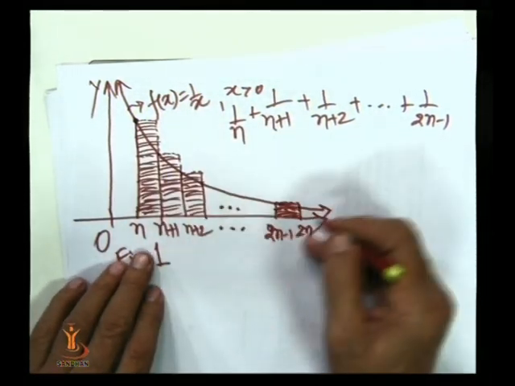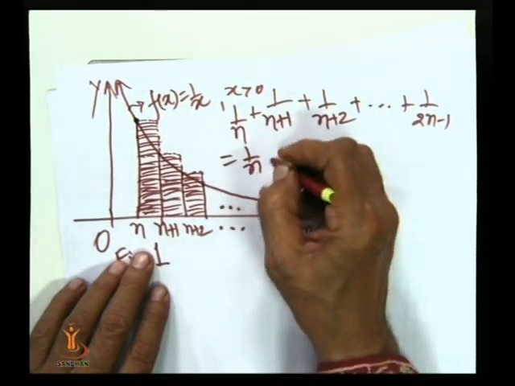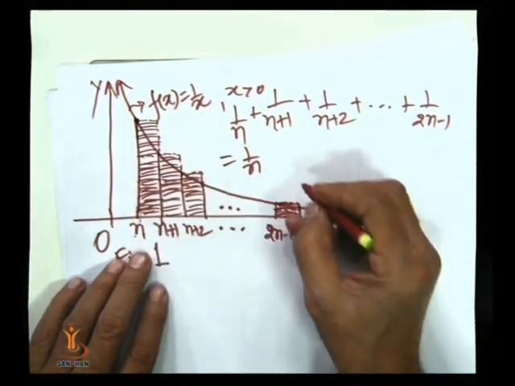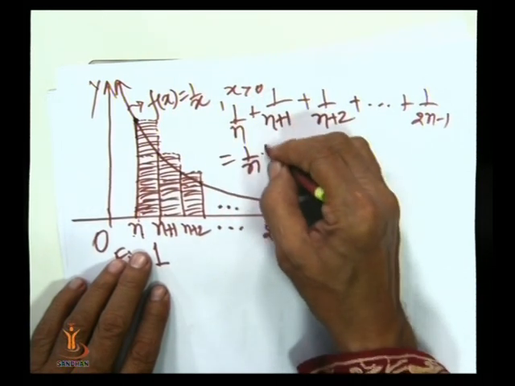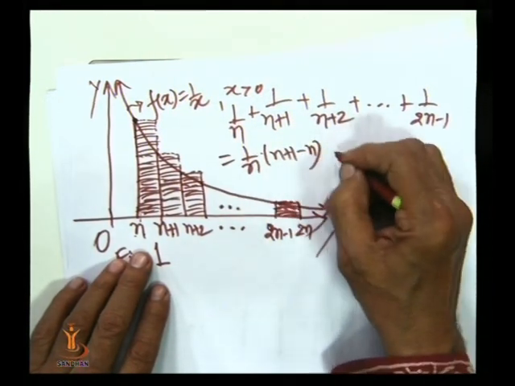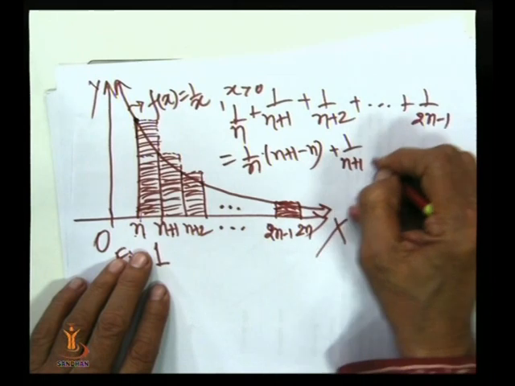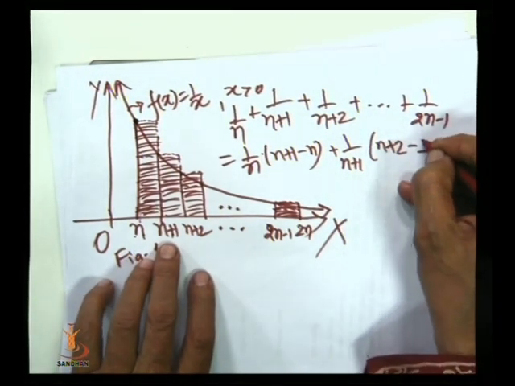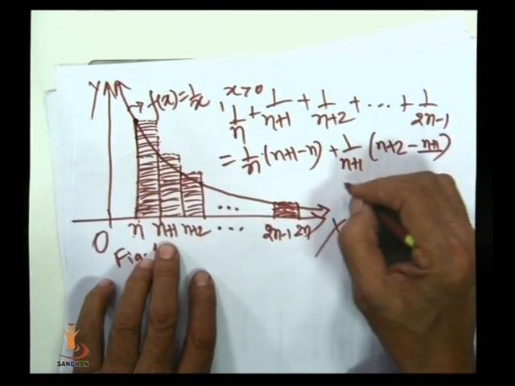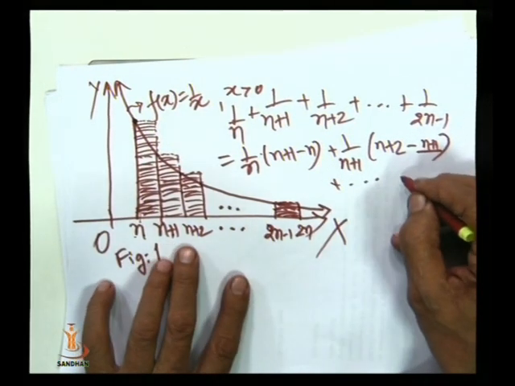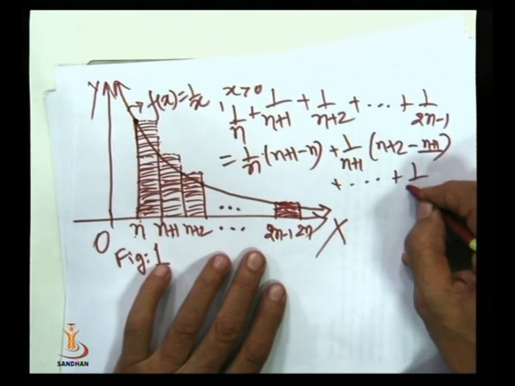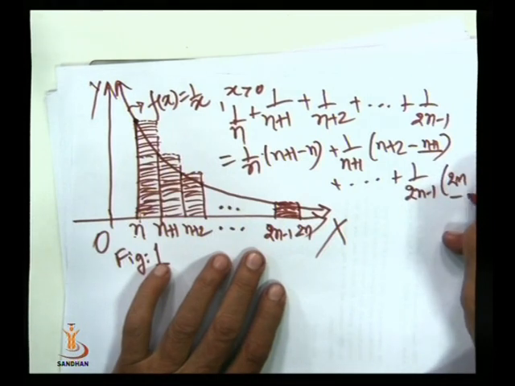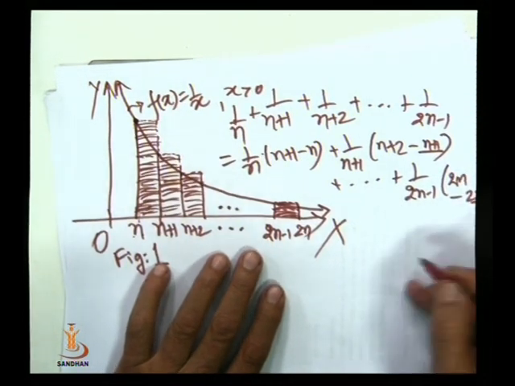So, this can be written as 1 upon n into n plus 1 minus n, 1 upon n plus 1 into n plus 2 minus n plus 1, and so on and so forth, 1 upon 2n minus 1 into 2n minus 2n minus 1.